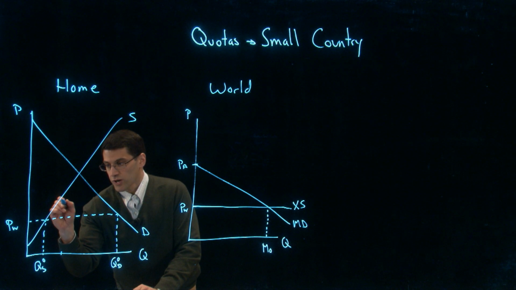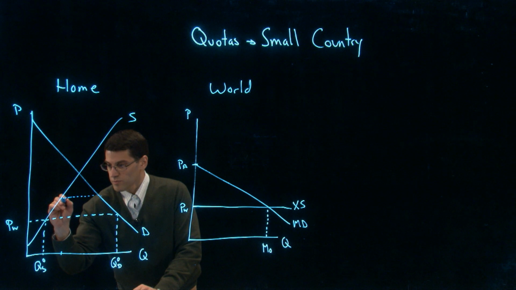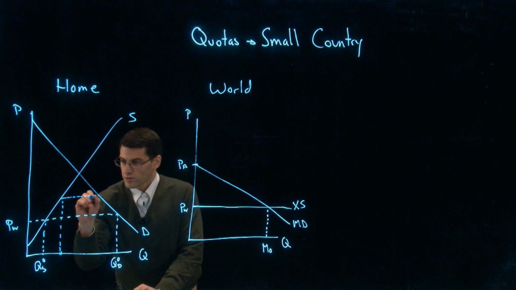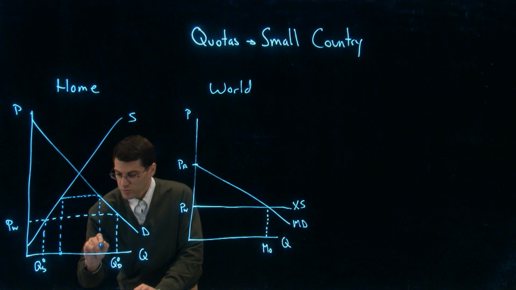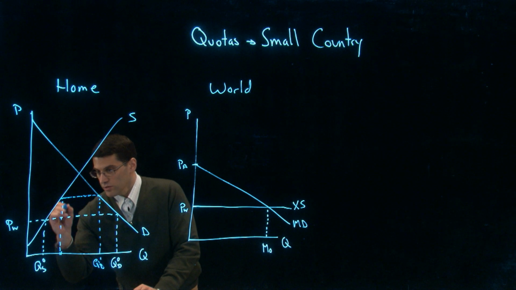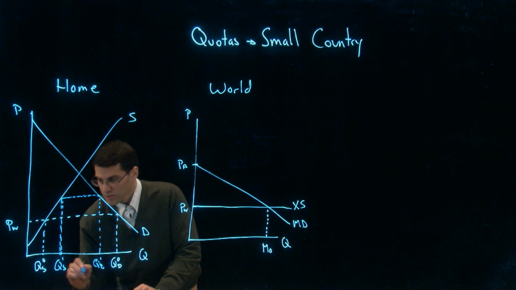And let's say that's in here somewhere. Now, the easiest way to draw these is to just pick your quota, put it in there, and then draw down the quantities. Okay.